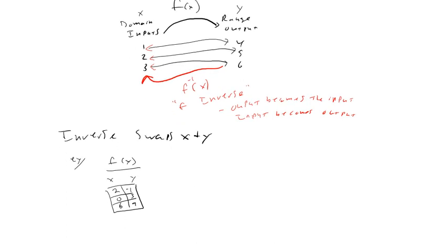For the inverse, f inverse of x, we'd have our x, y table and we would literally just switch them around. -1 becomes x, and 2 becomes y. 3 becomes x, and 0 becomes y. 9 becomes x, and 6 becomes y. Literally, you just flip them around.